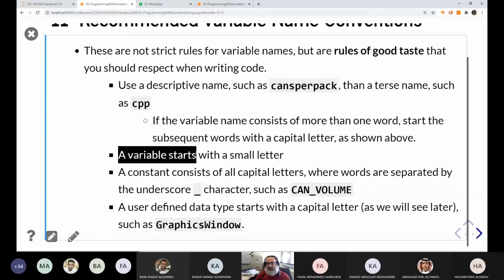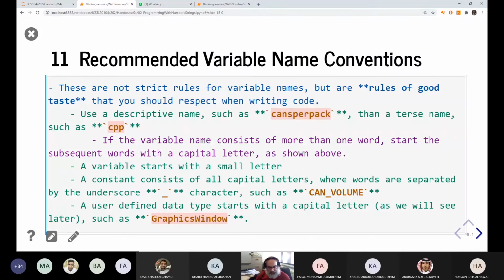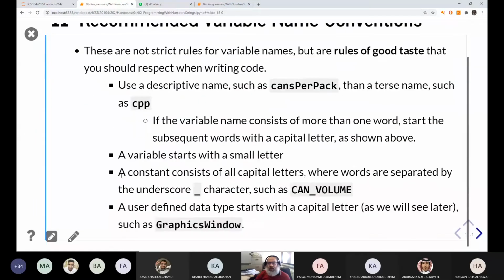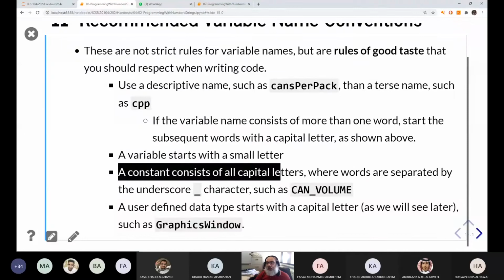A second rule of good taste is that a variable starts with a small letter. A constant consists of all capital letters. If I want to define a constant, I will define it with all letters capitalized.